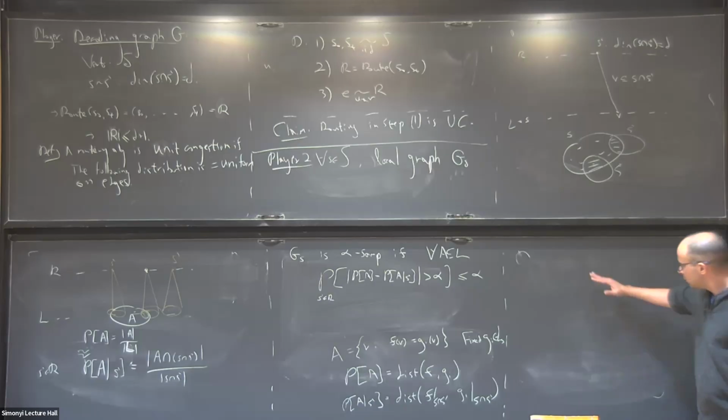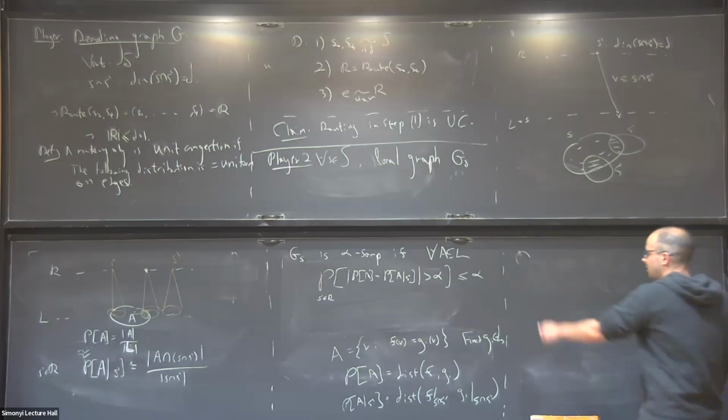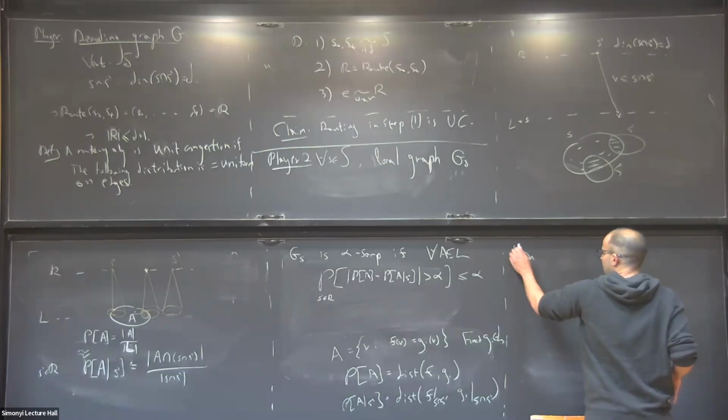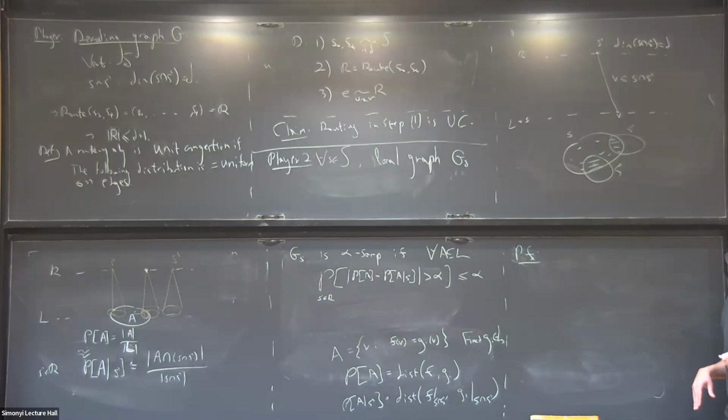Yeah, I think we'll do 5 minutes of this lemma and then we'll take a break. Okay, so here's the proof sketch of the lemma. Let's define a set of bad edges in the graph to be what we said before.